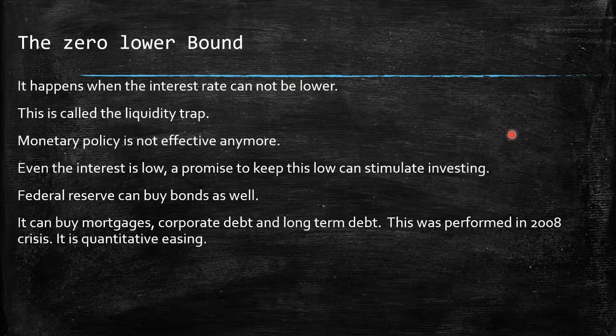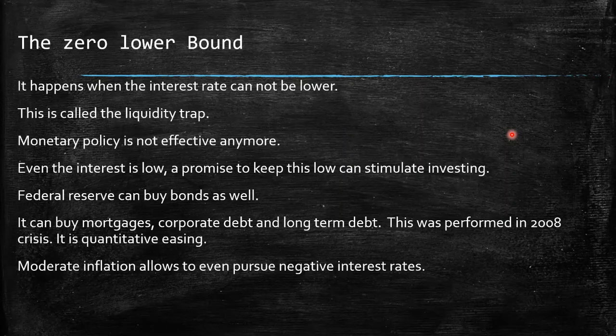This is called quantitative easing. And when we have moderate inflation, it naturally allows the pursuit of even negative real interest rates. Maybe for this reason we have Japan close to the zero lower bound, because its interest rates are extremely low.